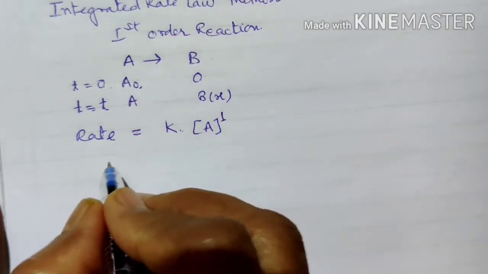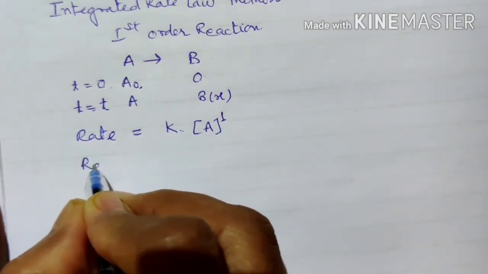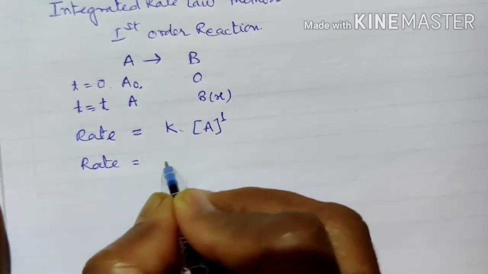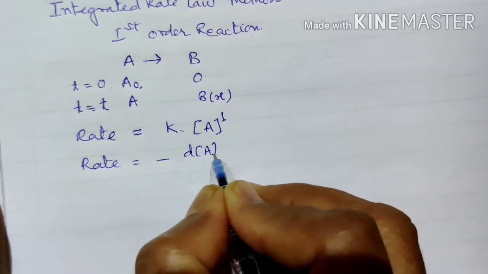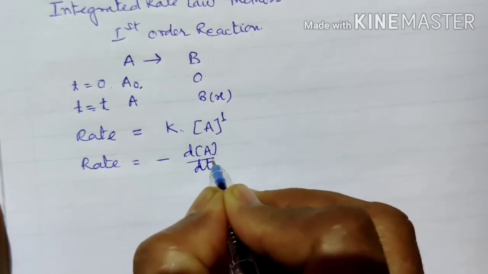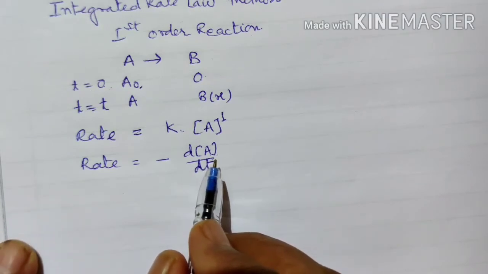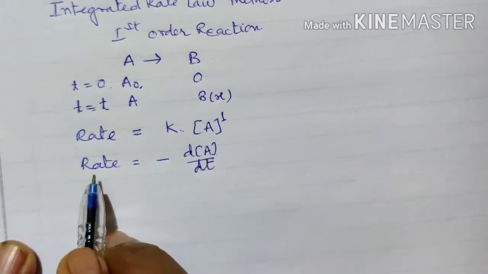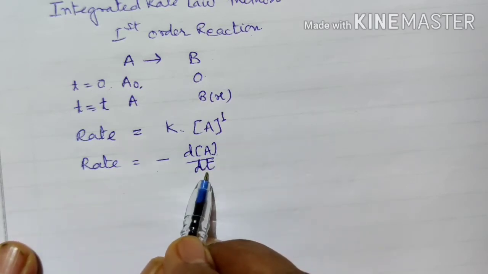When we write the rate in the differential equation, we represent the rate as minus dA upon dt, because there is a decrease in the concentration of A. That's why the rate expression is minus dA upon dt.